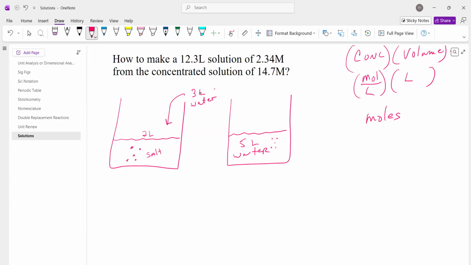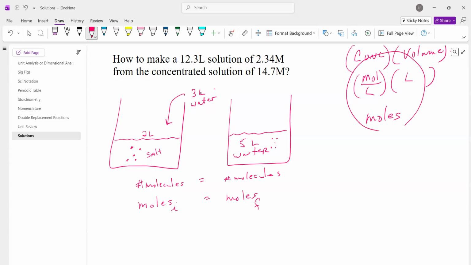Okay, that means that the number of molecules stays the same, 5 to 5. Solvent changes, but not the number of molecules. So number of molecules is the same as moles. So we have initial moles equals final moles.